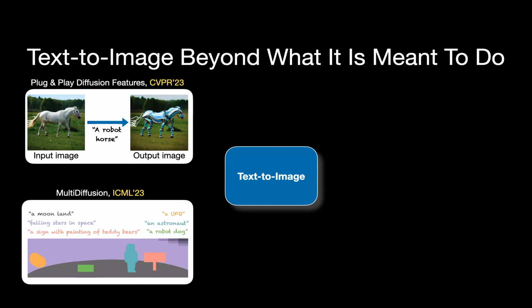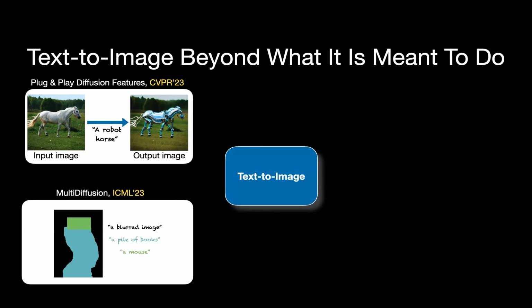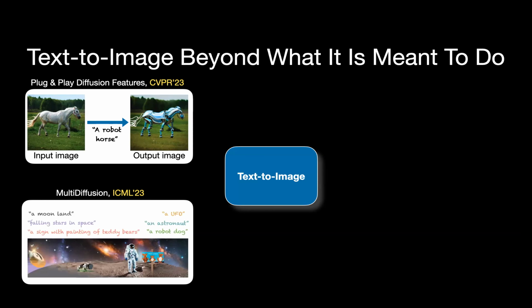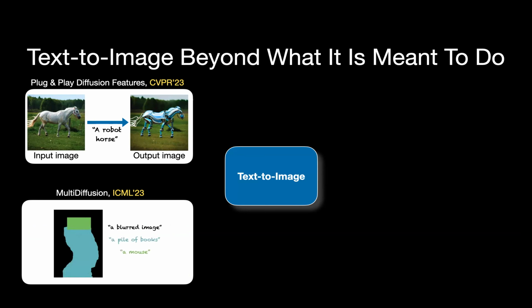And in MultiDiffusion, we showed how we can expand text-to-image generation to generate images at arbitrary aspect ratio, and also for providing region-based text prompts, as you can see here.